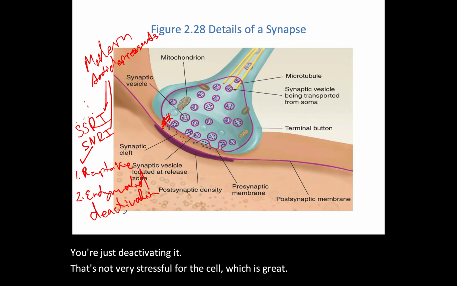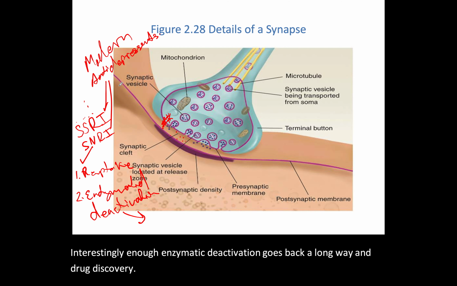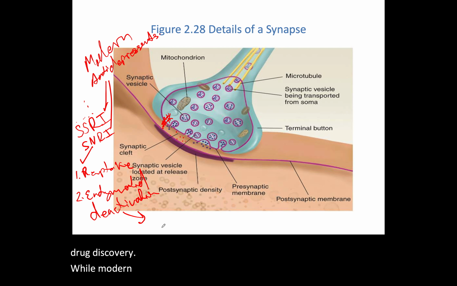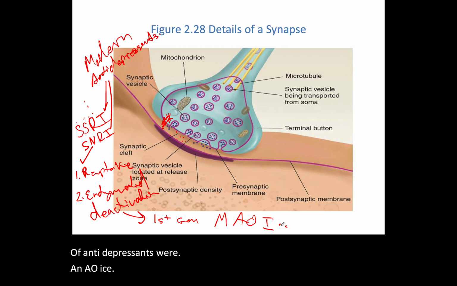Interestingly enough, enzymatic deactivation goes back a long way in drug discovery. While modern antidepressants work on reuptake, the first generation of antidepressants were MAOIs, monoamine oxidase inhibitors.